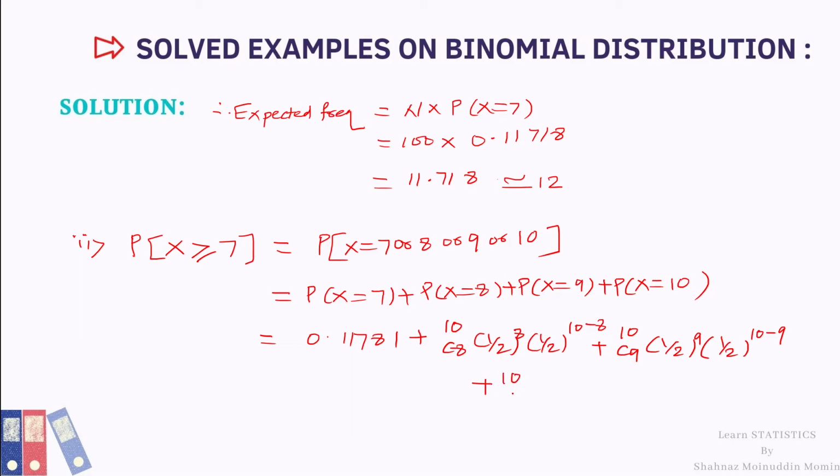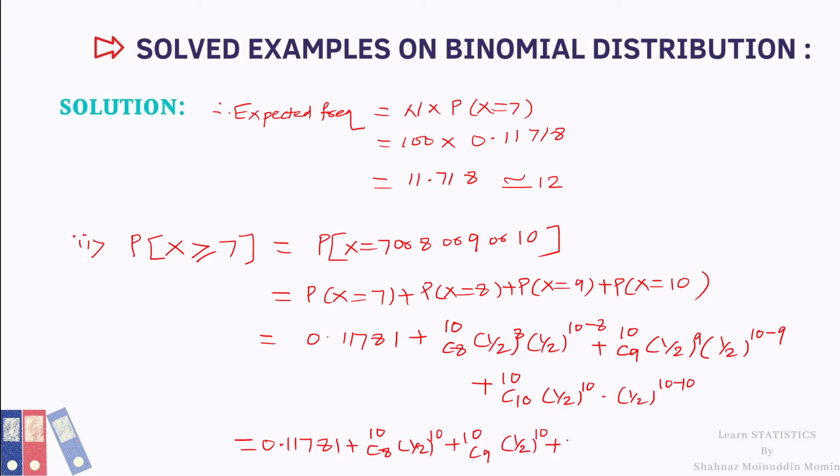Similarly, the last term is 10C10 (1/2) raised to 10 multiplied by (1/2) raised to 10 minus 10. That equals 0.11718 plus 10C8 (1/2) raised to 10 plus 10C9 (1/2) raised to 10. Since 10C10 is 1, it is only 1 into (1/2) raised to 10.